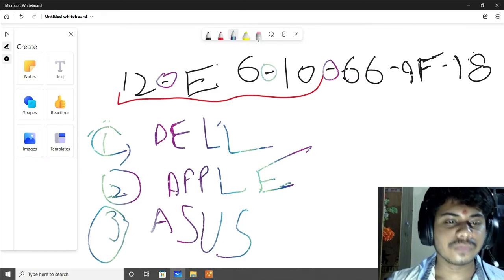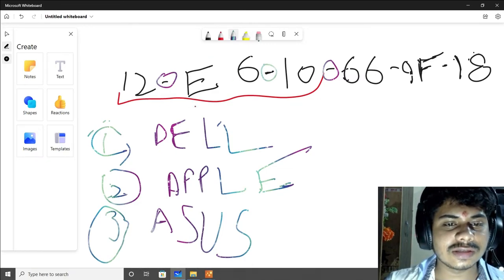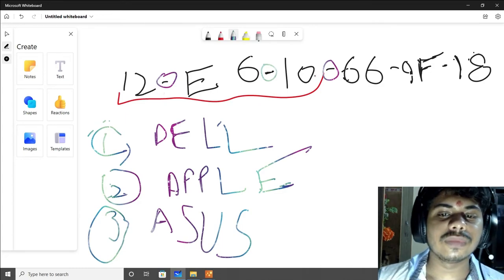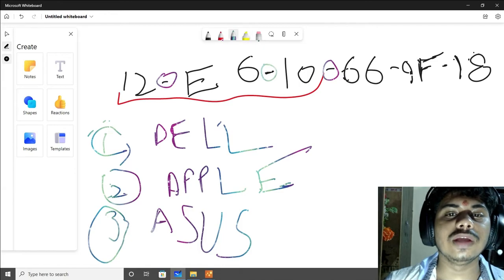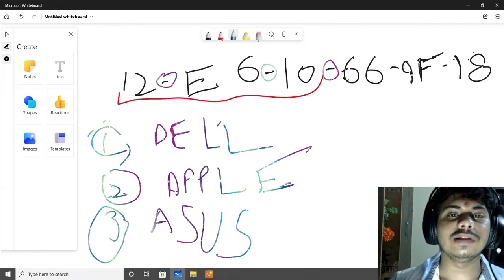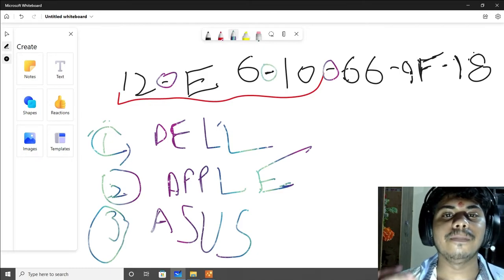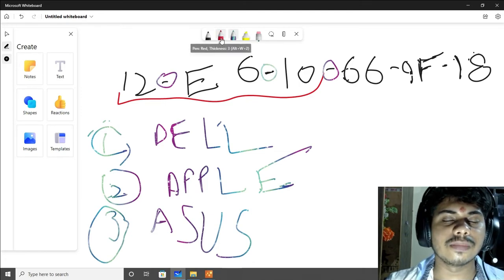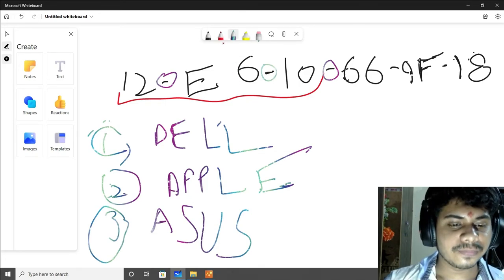So how do they know? They know by these starting digits, these starting 6 digits. These 6 digits are always unique in every MAC address, whether it's a phone, router, switch, laptop, or PC. So who gave them?